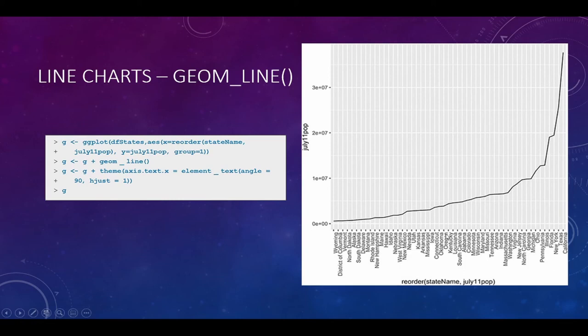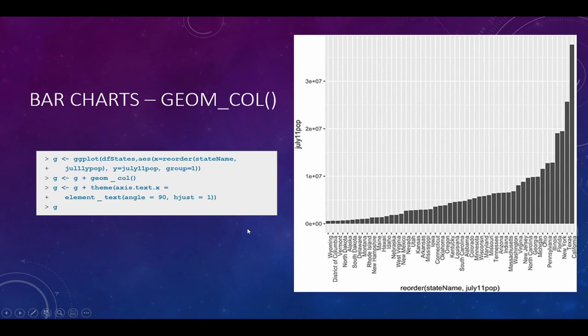That makes it easier to read your plot. And here it took the DF states. You want to go by state name, and you're going to do the July 11th population on the y-axis. So geometric line, and very, very similar, we've got geometric column.